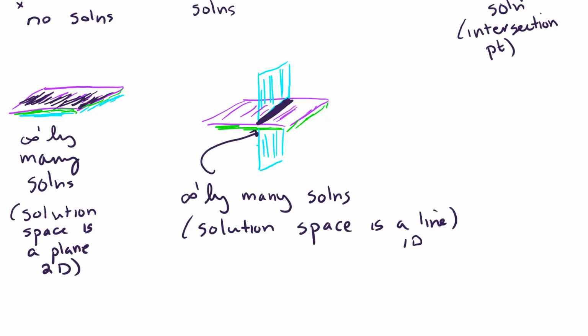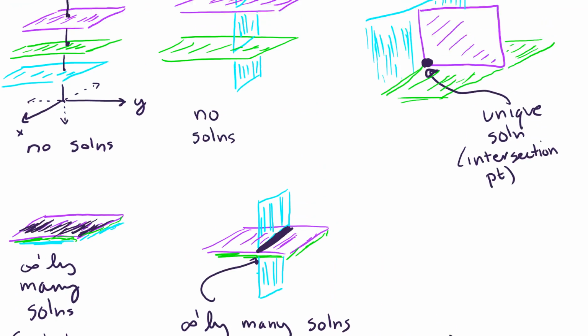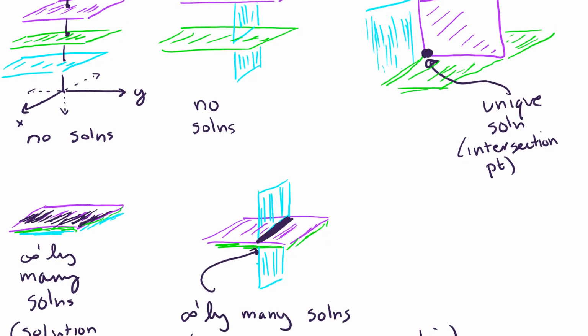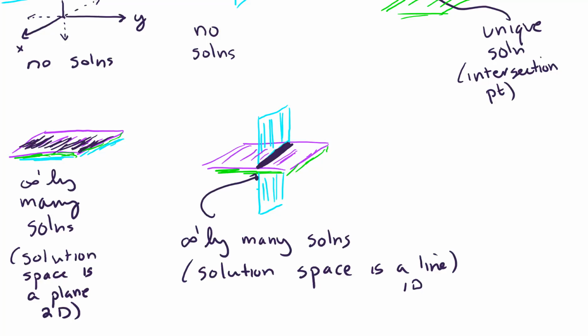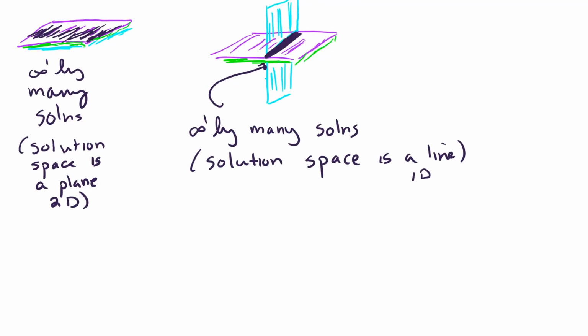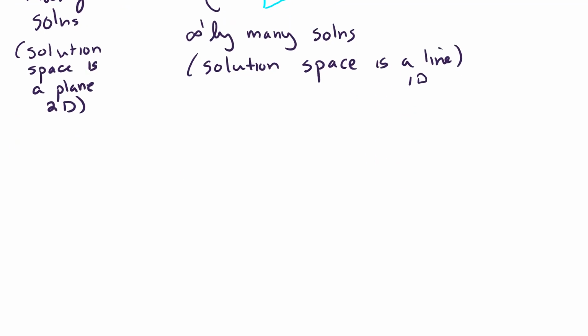But the big picture idea here is that we only get 3 possible outcomes. For a linear system, we get either no solution, a unique solution, or infinitely many. And it really doesn't matter how many dimensions you're in, whether you're talking about lines in the plane or planes in 3D space. So let's summarize that right now.